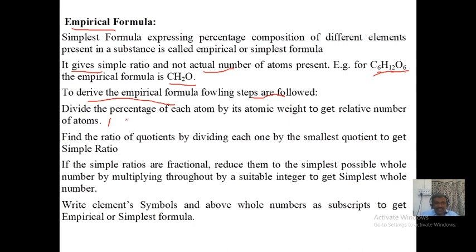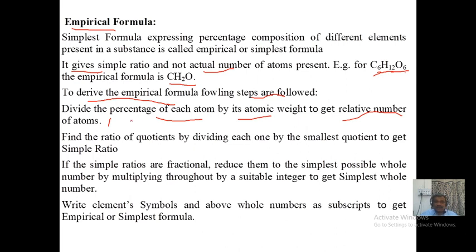So in the first step, you have to find out the relative number. How to find the relative number? It is simple. As I mentioned, the percentage of each element or atom will be given to you. You divide this percentage of the given atom by its atomic weight, friend. And for that you should remember the atomic weight of some of the common elements, carbon 12 for example, oxygen 16 and so on, friend, isn't it?